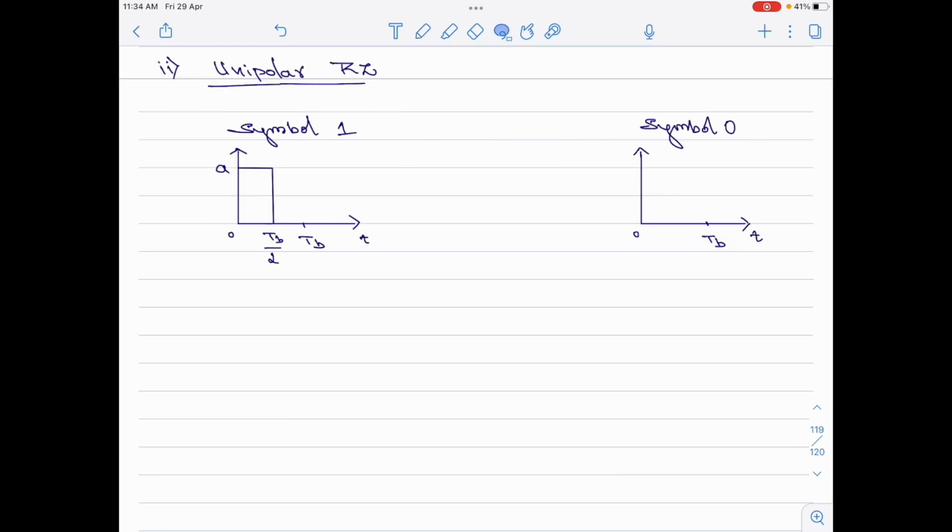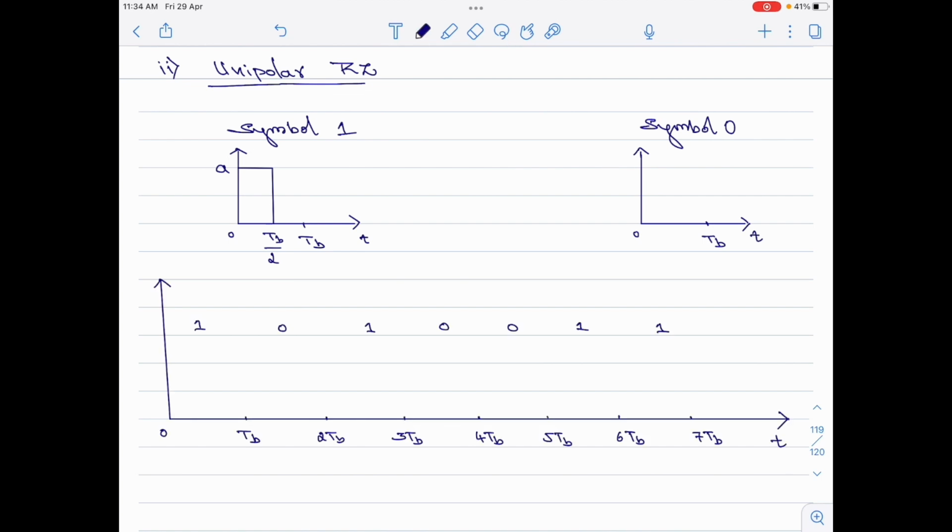Let us now start plotting the waveform for unipolar RZ. I have here prepared the graph for plotting the waveforms, and I have also written the bits across each bit interval. Let us start with the first bit, which is a bit 1. As we have previously said here, a bit 1 or symbol 1 is represented by transmitting a pulse of amplitude A for a duration of TB by 2, and for the remaining half of the bit duration, we transmit a 0 volt.